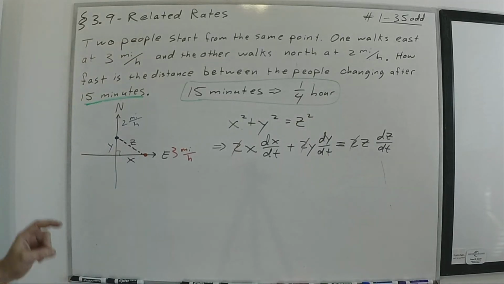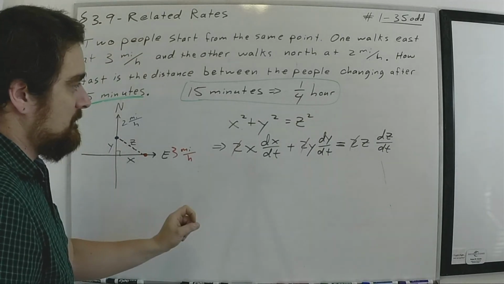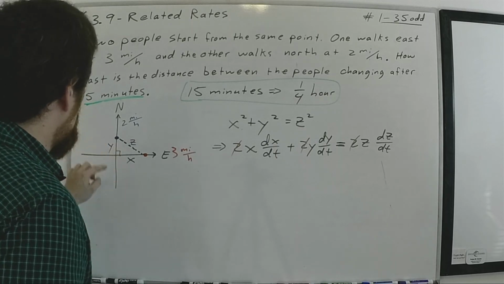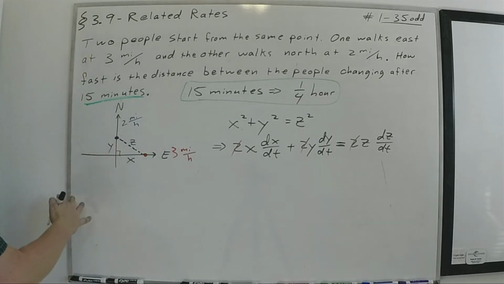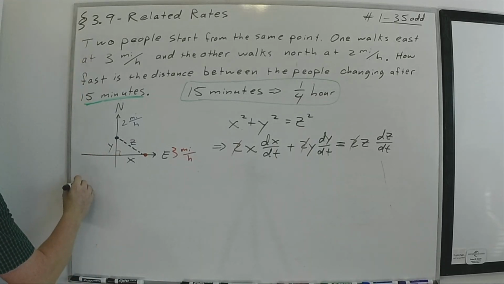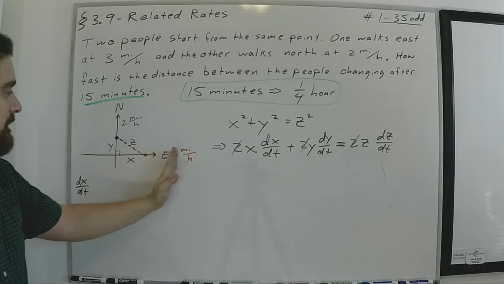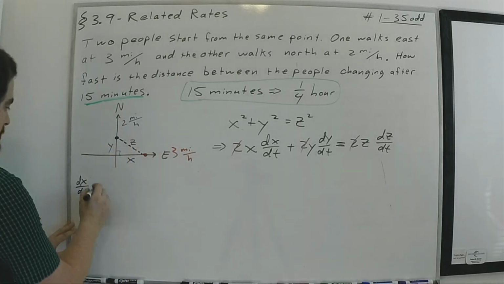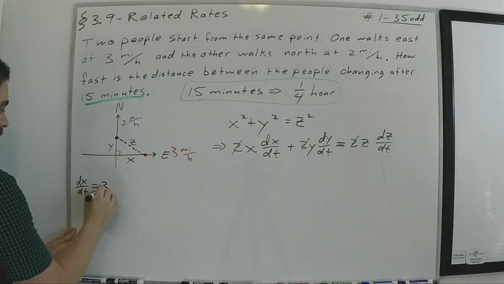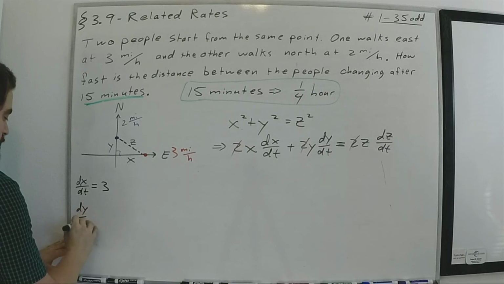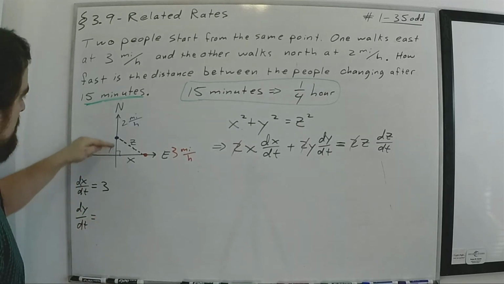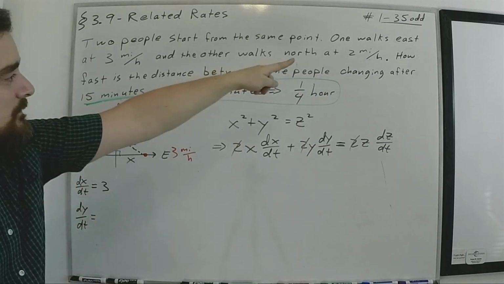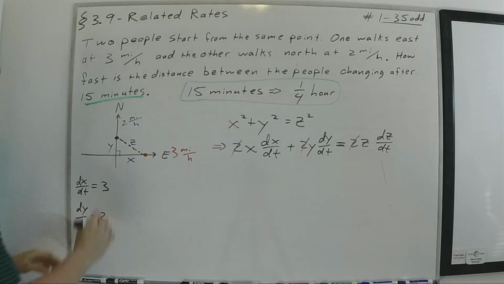So what we need is things to plug into this formula. So far, I'm going to list them off to the side here. So far, we have dx dt, right, the rate of change with respect to time for the x coordinate is 3. We have dy dt, right, this other person walking up has a rate of change of 2 miles per hour.